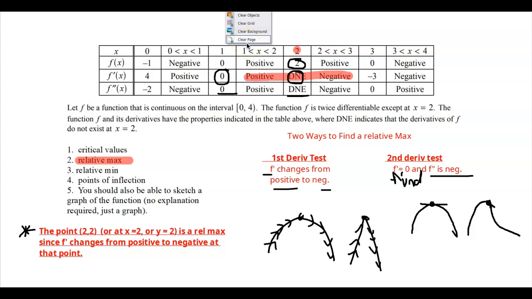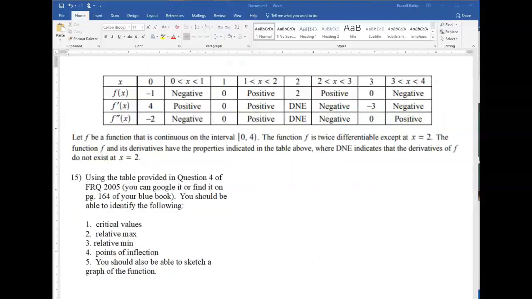Now to continue, so this is our only answer for number 2. For number 3, you're going to do the same thing. It's just that all this stuff is the opposite. So when you're looking for a relative minimum, which is number 3, we're looking for something that either looks like this, or something that looks like this.